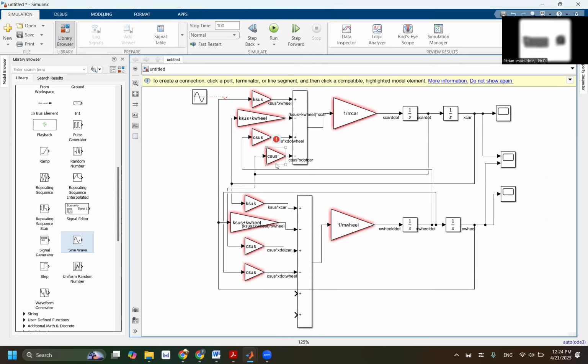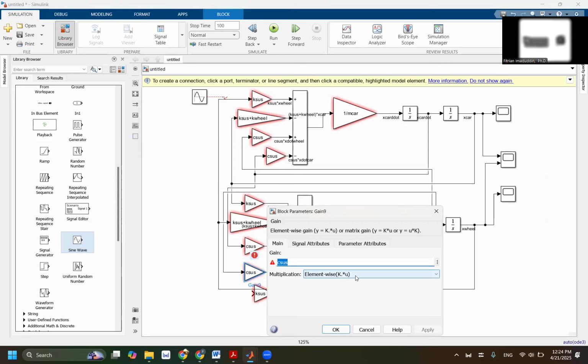This is going to be K wheel. This is CSAS plus K wheel.